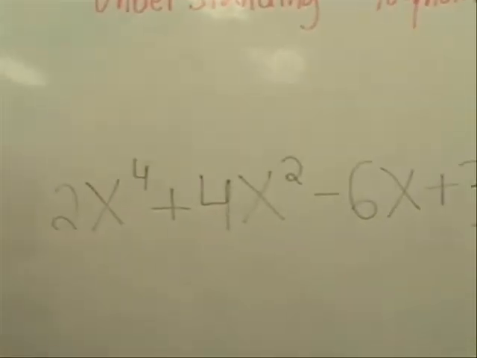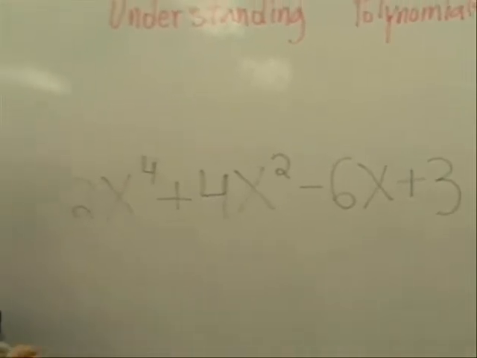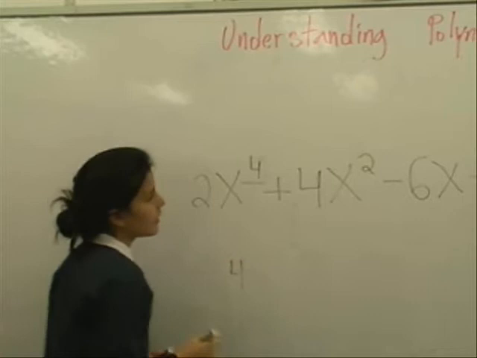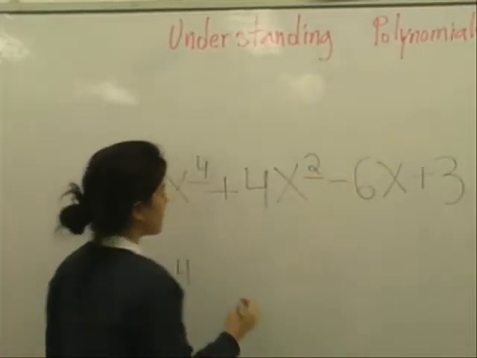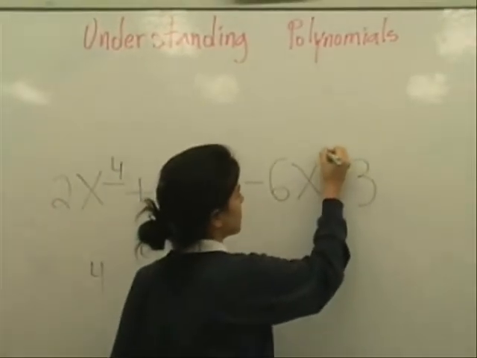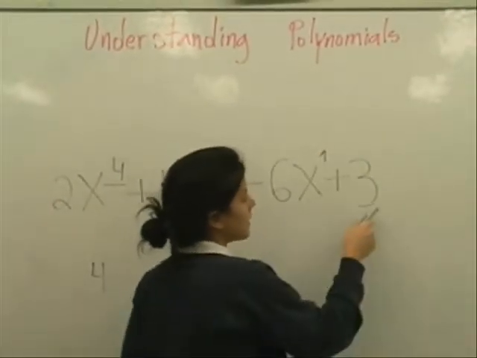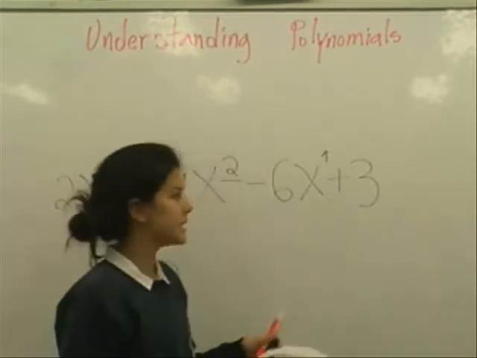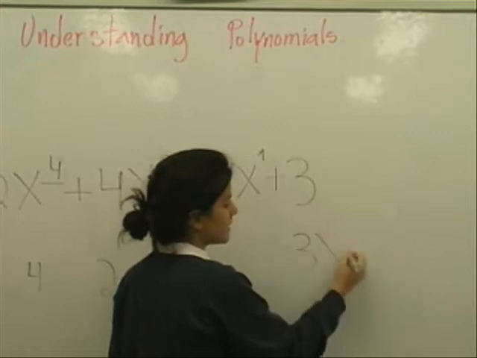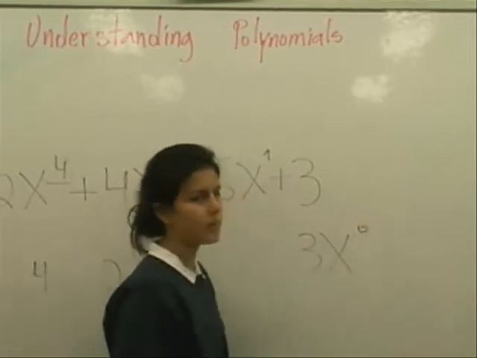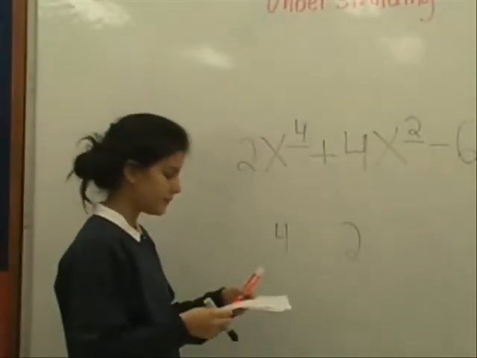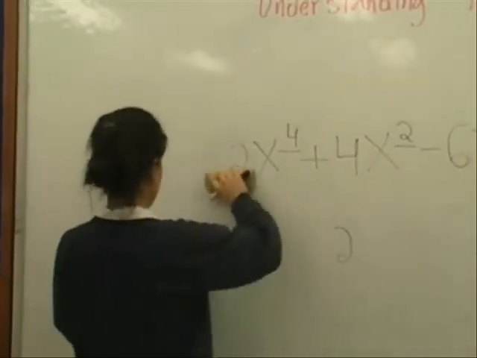Here the exponent of the variable is 4. Here the exponent of the variable is 2. Here the exponent is 1, and the degree of numbers is 0, because 3 can also be written as 3x to the power of 0. So that's why this polynomial is written in descending order. Okay.